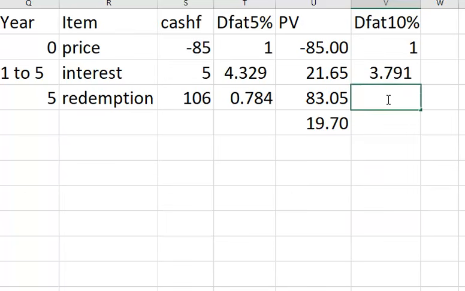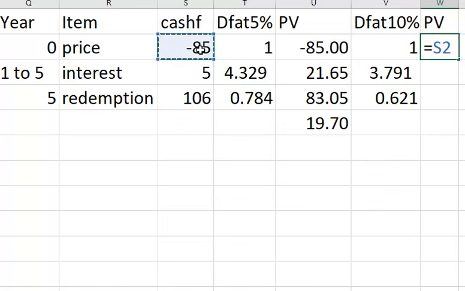Then get the present value, because it's just 1 year. So 1 over 1.1, because that's 10% to the power 5. Let me reduce it, so that's our answer. Let's get now the present value. So you'll be multiplying the cash flows times your discount factor.